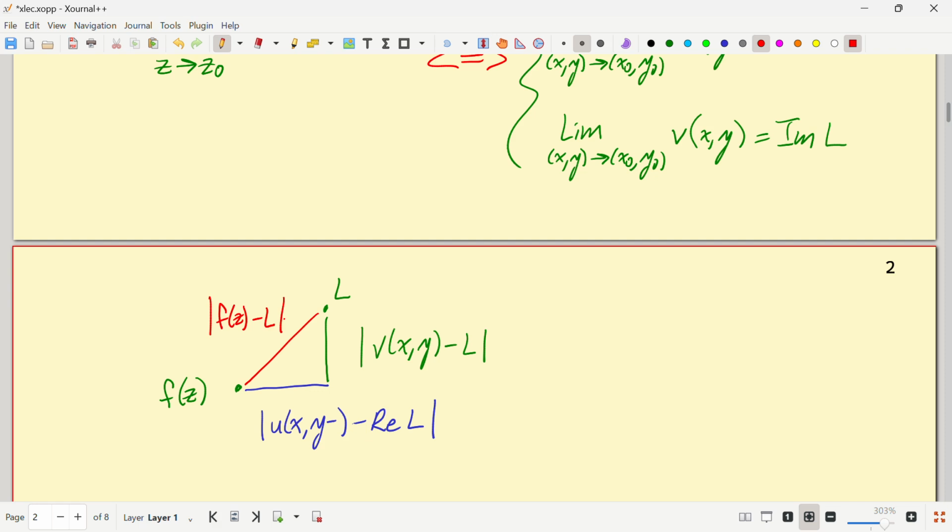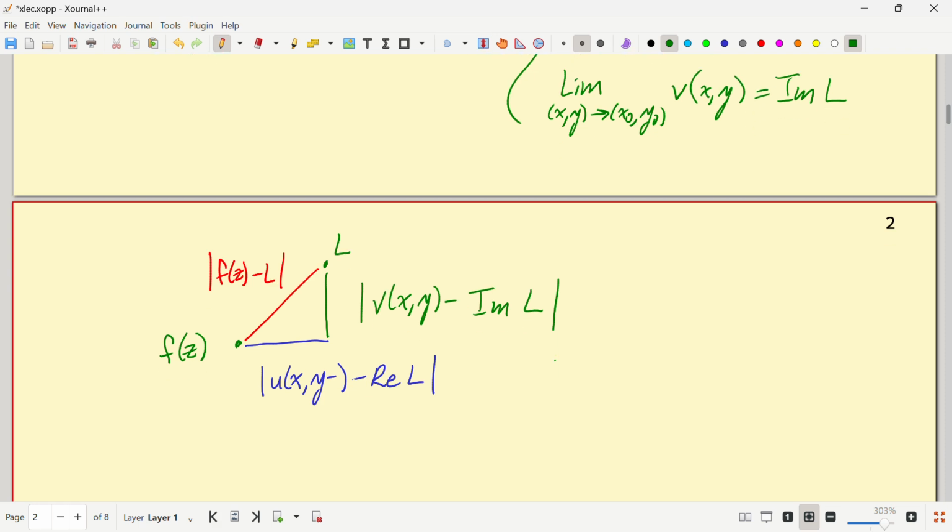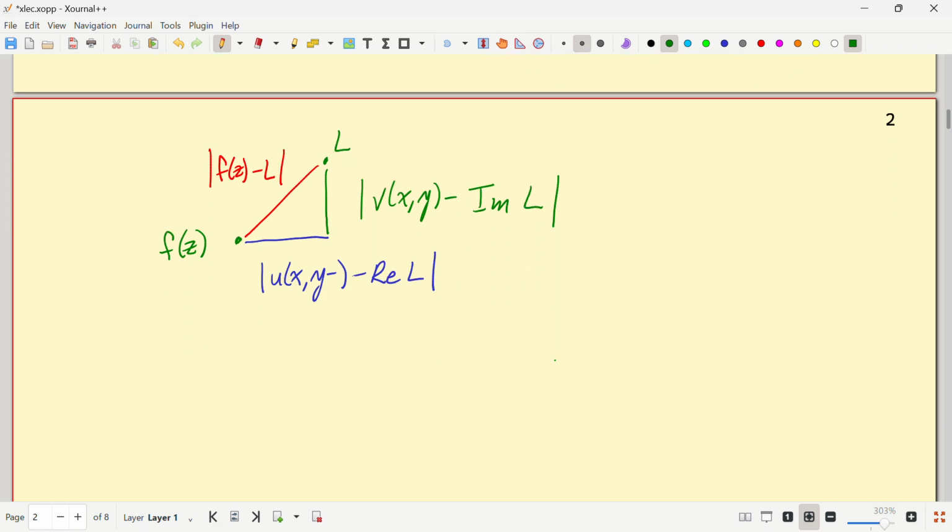So that's all there is to it. I think the L should be imaginary. Imaginary part of L. Yeah. So it's just the Pythagorean theorem, and legs of a triangle are less than or equal to the hypotenuse. Okay. Questions about anything so far?